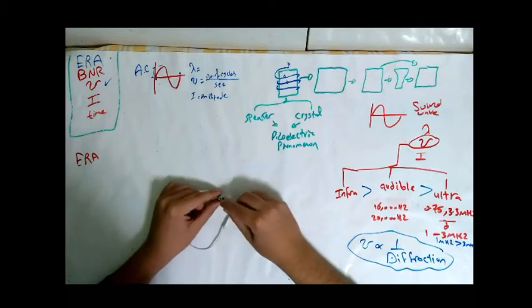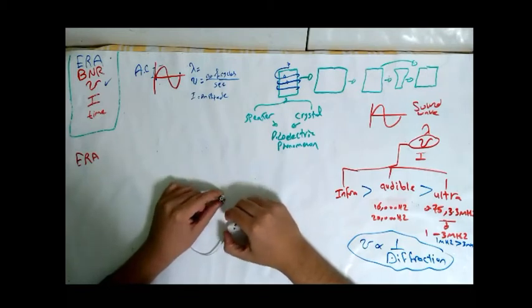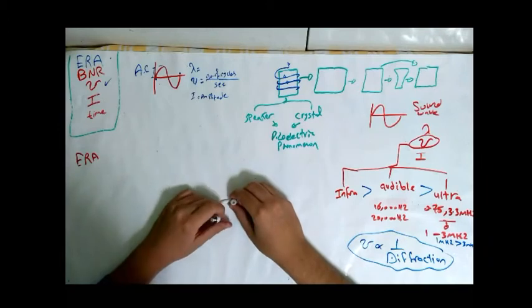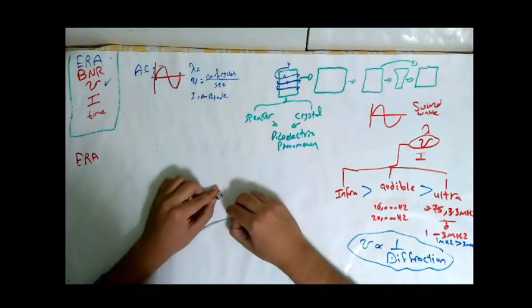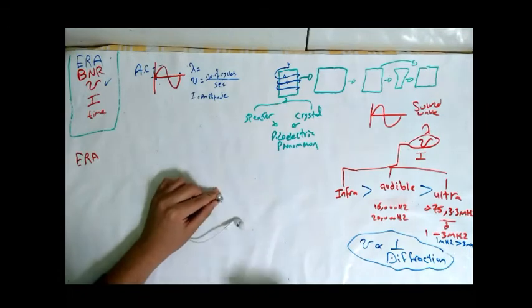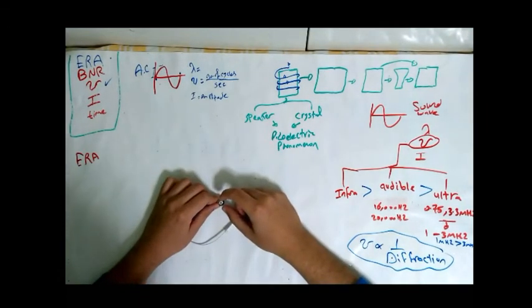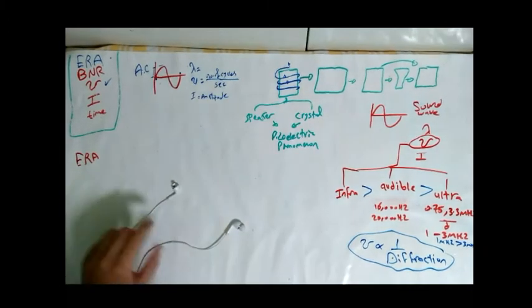So this area only will produce the sound, while not all this diameter will produce the sound. So we call the only area that produces sound in the earpiece or the transducer head the effective radiating area.